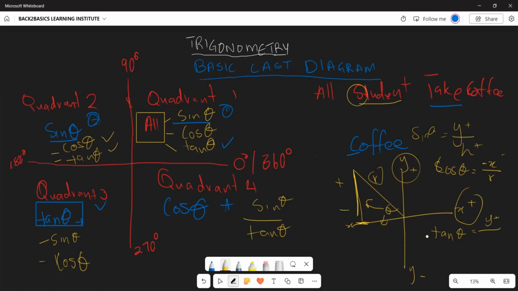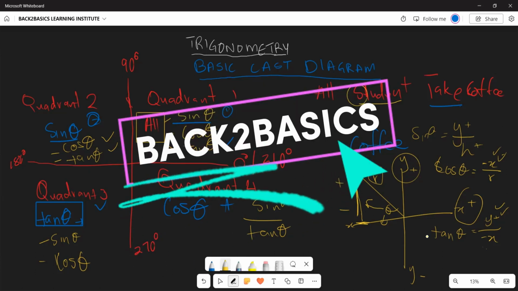And your adjacent is going to be the negative x. So here you are dividing a positive by a negative, which means you are getting a negative result, right? So indeed tan is negative in your second quadrant, and your cos is negative in your second quadrant, right? I just wanted to give you a brief summary of what we mean when we say the one is positive and the other one is negative. Are we together?